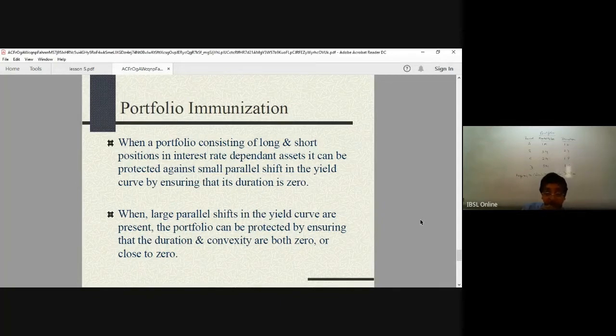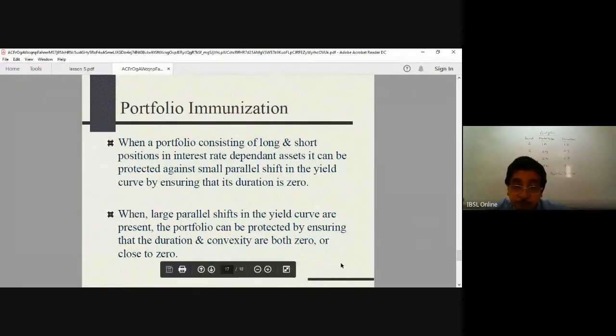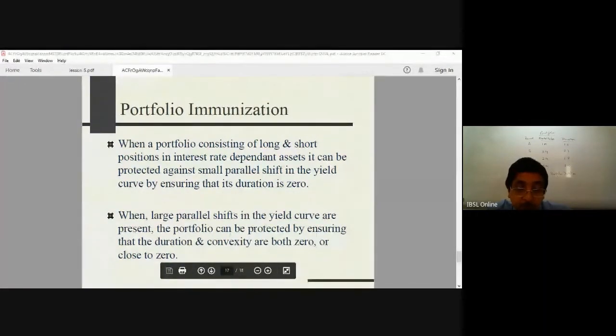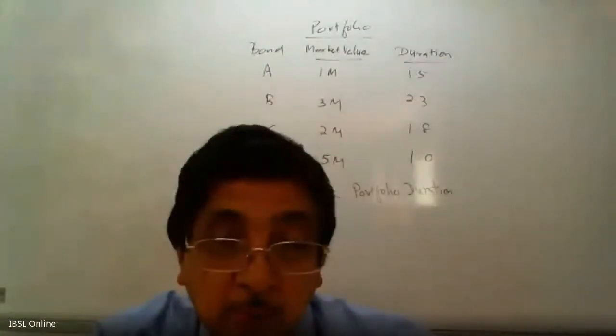First of all, you need to understand what a yield curve is. A yield curve is a curve where you get different yields for different maturities. If you connect all these points, after connecting the points, you will get a curve. That curve is known as the yield curve. Anyway, I will show you a yield curve.